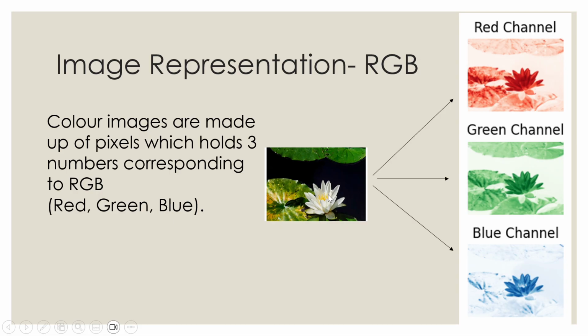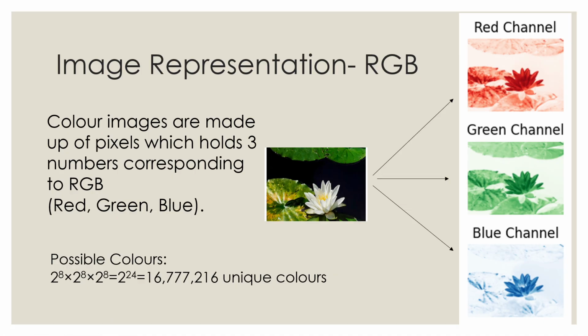The color images are made of pixels which hold 3 numbers corresponding to red, green and blue. With each value represented with 8 bits, the possible colors will be 2 power 8 into 2 power 8 into 2 power 8, which is equal to 2 power 24. So around 16,777,216 unique colors are possible with this combination.